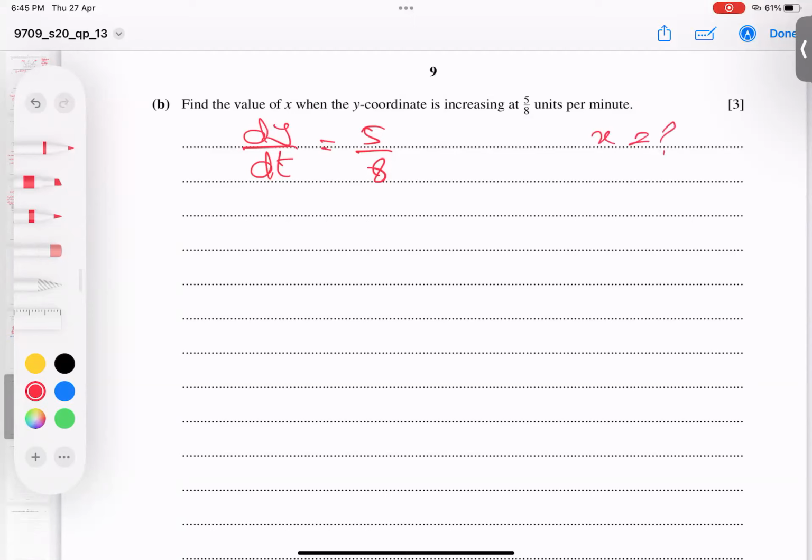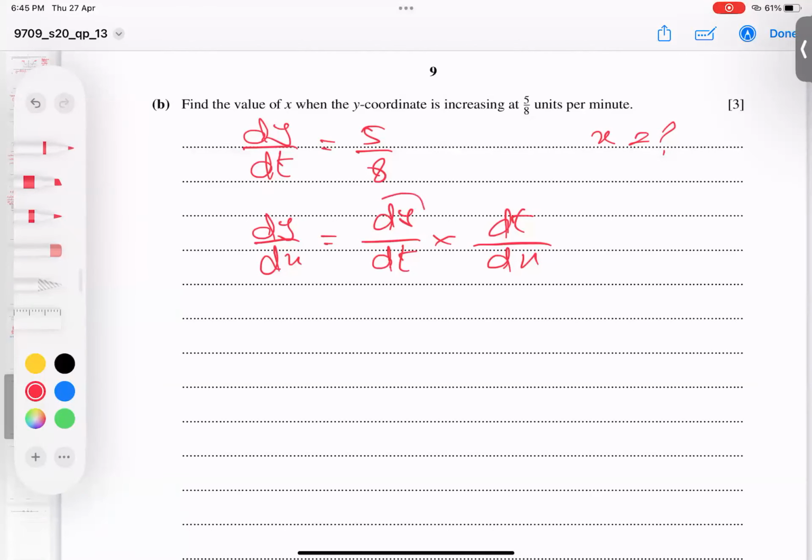So this is my task. Again, write the formula. By the chain rule, dy over dx: dy coming up, dx going down. Now what comes here and here is the same, that is dt here and dt here.